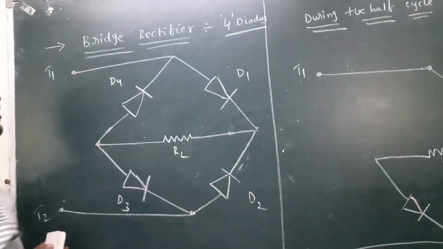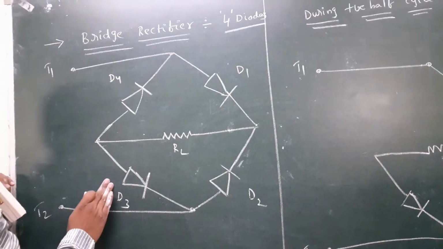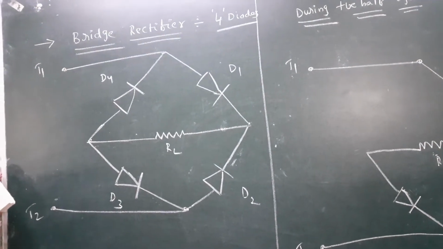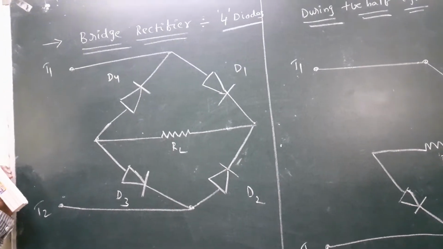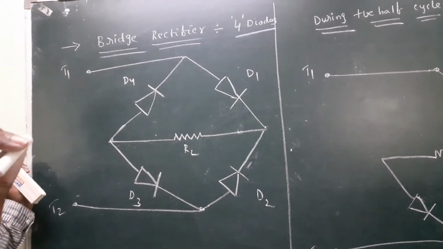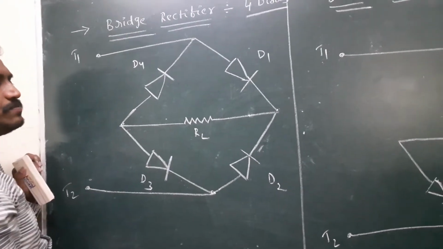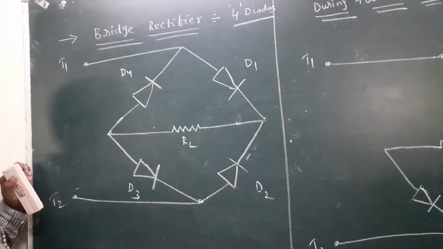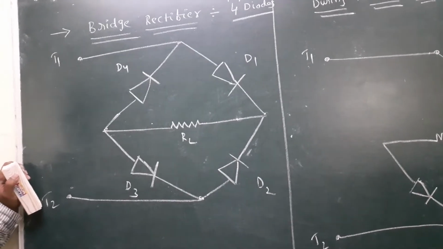To see the diagram, nana, D1, D2, D3, D4 are used. Output is measured at the load resistor RL. What is the use of the load resistor? To measure the output voltage.